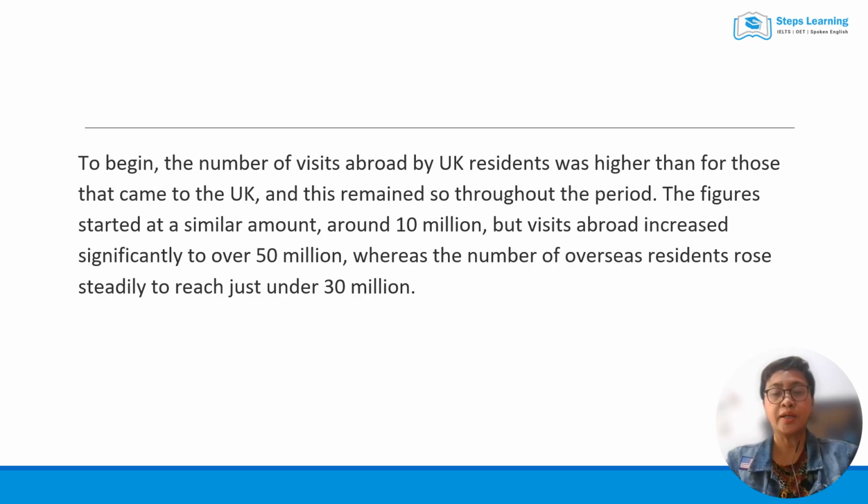The figure started at a similar amount, around 10 million, but visits abroad increased significantly to over 50 million, whereas the number of overseas residents rose steadily to reach just under 30 million. So you have your linking words to begin with. You also have but and whereas. And here we have our graph vocabulary: higher, remained, started, increased significantly, rose steadily.